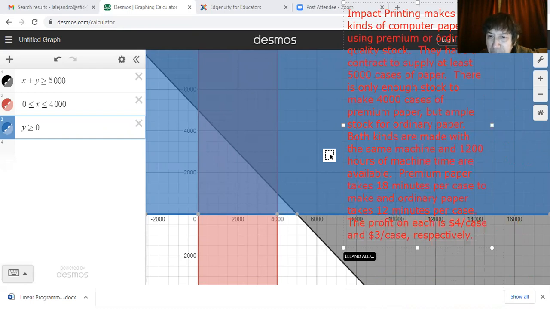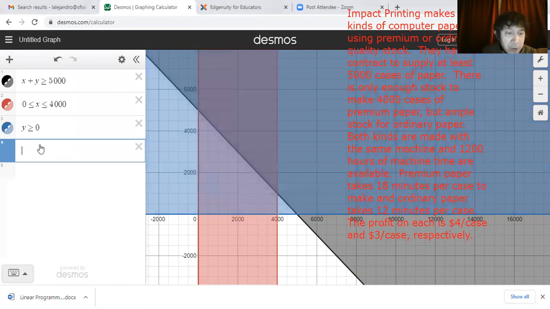Okay, premium paper takes 18 minutes. All right, we have done this in the other screen, so we will make use of 18 minutes times x for the premium. Number of cases, and then we have how much is that? 12 minutes for the ordinary, and we cannot exceed, how much is that again? 72,000 minutes, right?